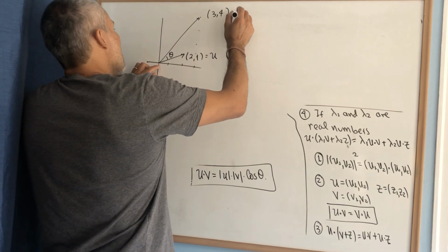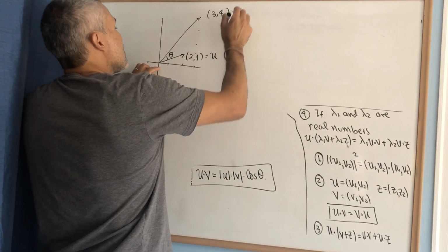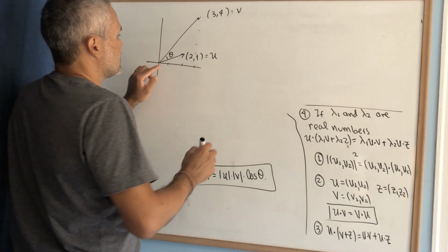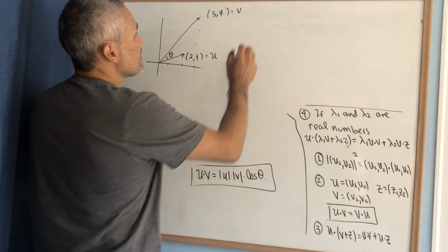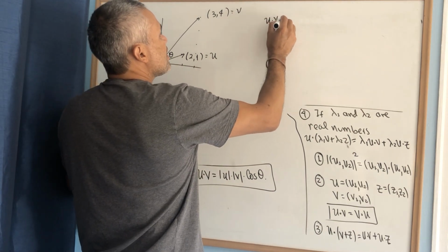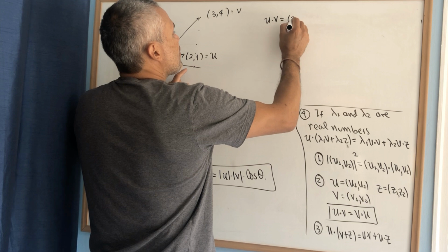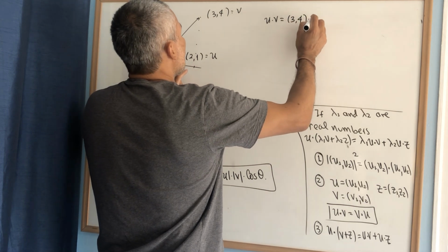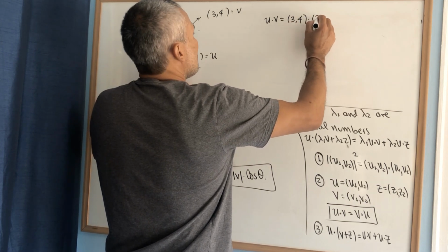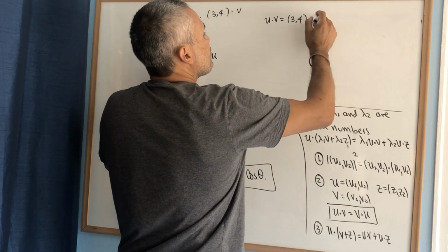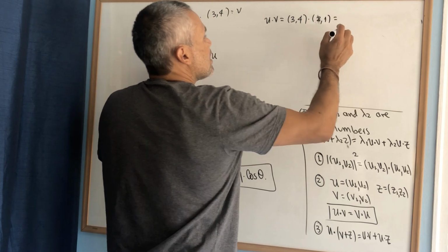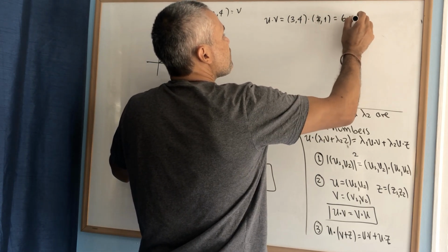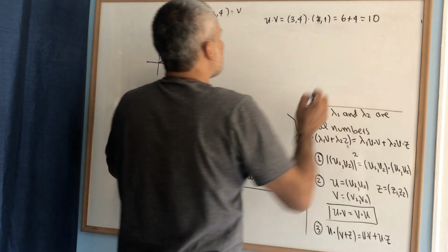This is u, and this is v. Then we can use this formula, the dot product of u with v. It would be 3, 4 dot product with 2, 1, and this is 6 plus 4 equals 10.